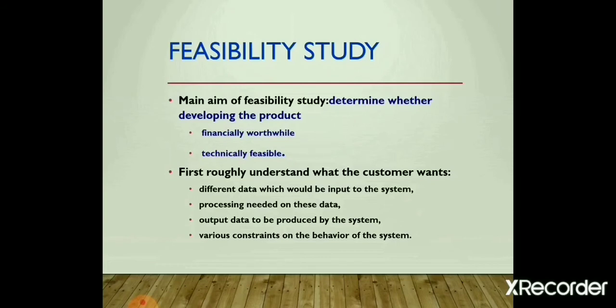First, the developer roughly understands what the customer wants: the different data which would be input to the system, the processing needed on that data, and what output is produced by the system, and various constraints on the behavior of the system. Means in this phase, the developer understands the customer needs and roughly identifies the input data, the processing of the data, and the output of the system.